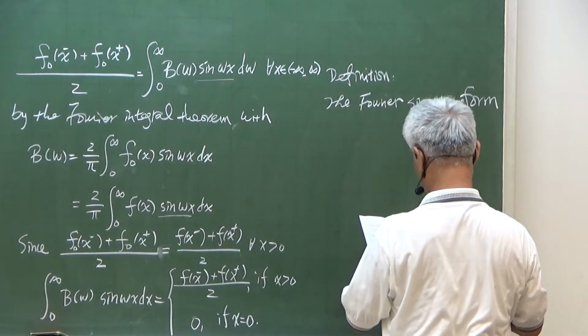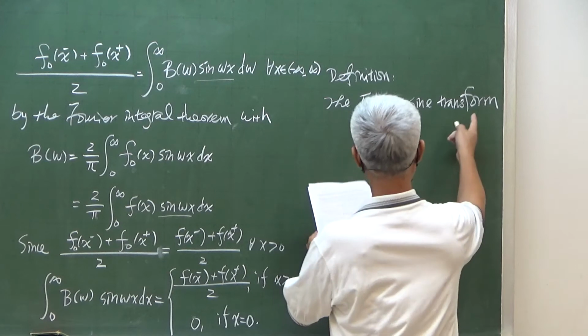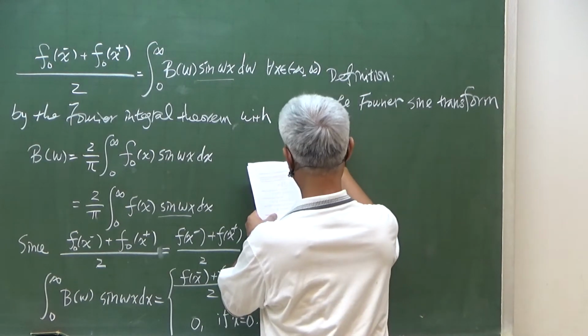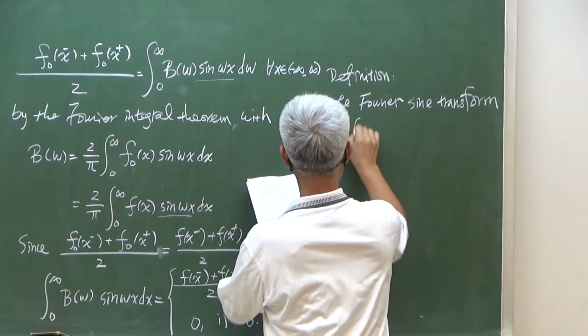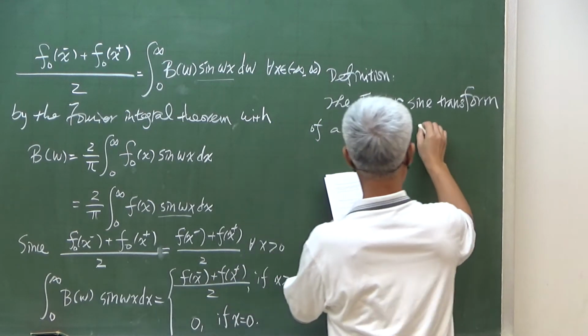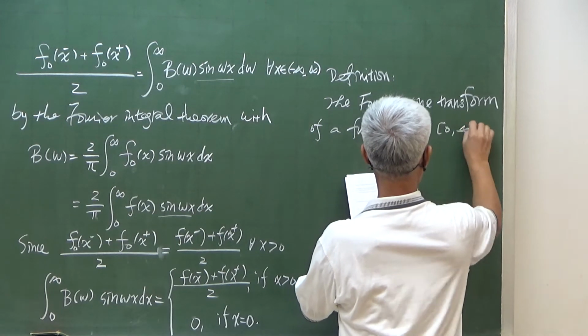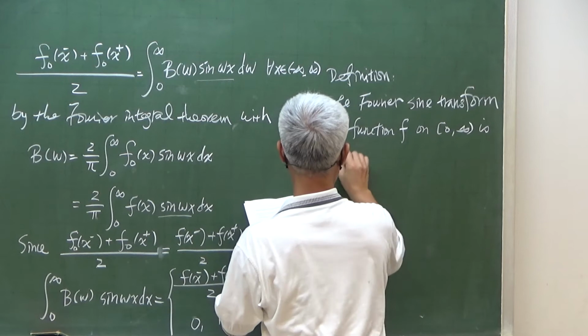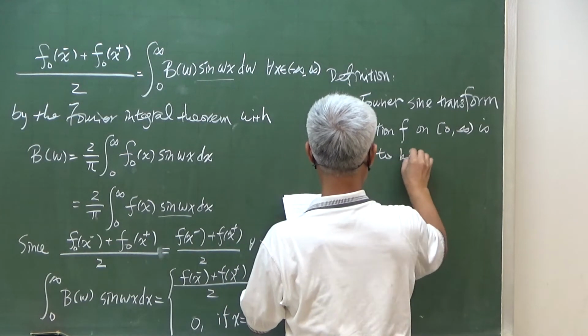So for the purpose of symmetry, we purposely define the Fourier sine transform of a function f on the semi-infinite interval.